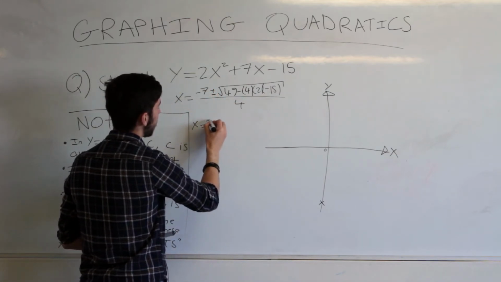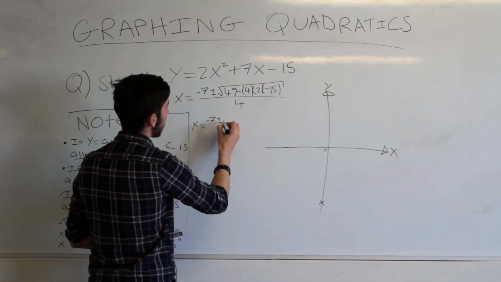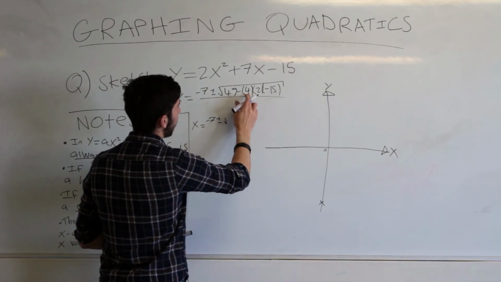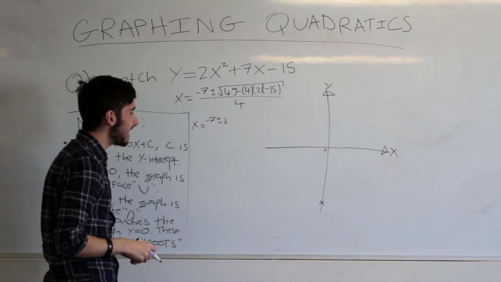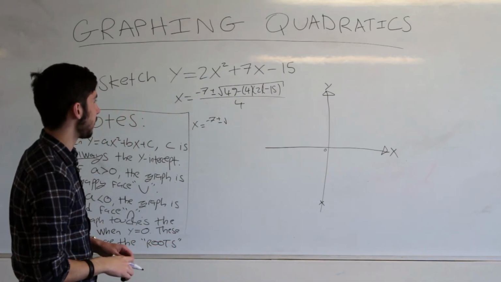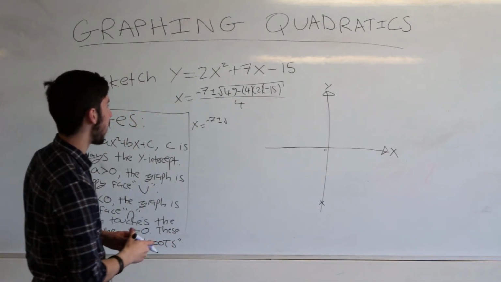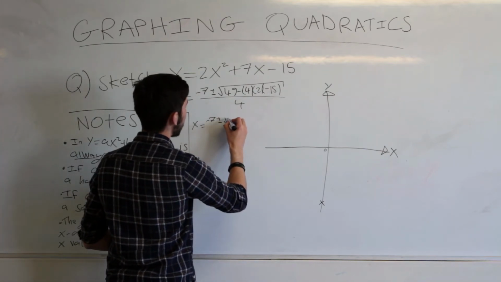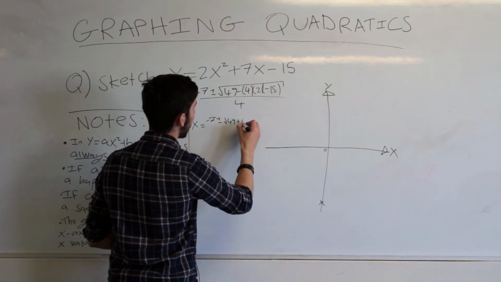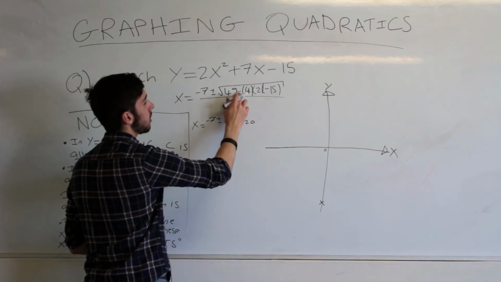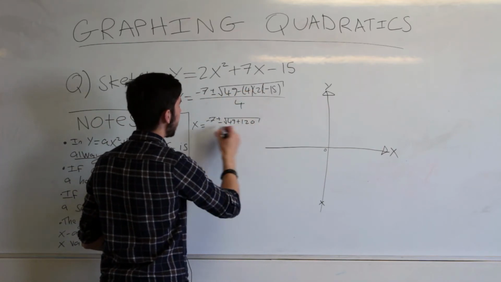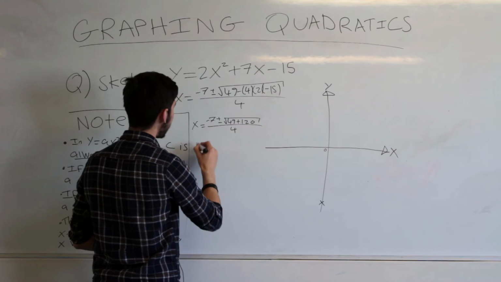2a is 2 times 2, which is 4. So x is equal to minus 7 plus or minus the square root of, well, hold on, 4 times 2 is 8, and 8 times minus 15 is minus 120. So this is going to be 49 plus 120, because it's minus 120, over 4.